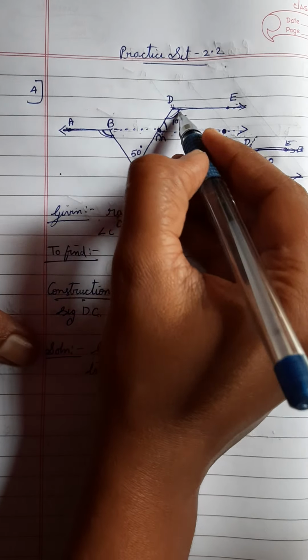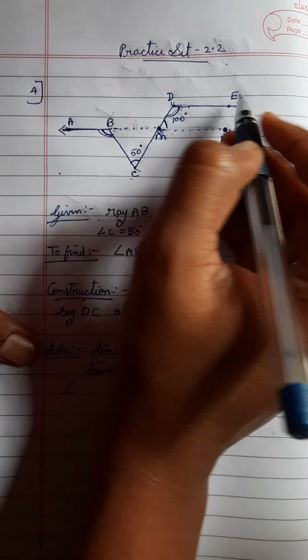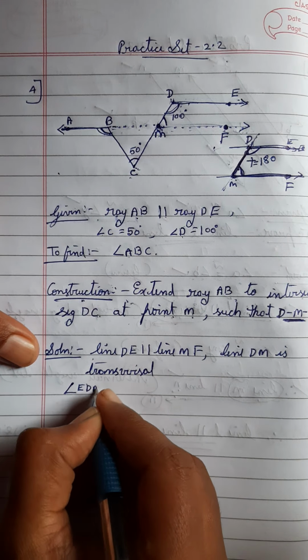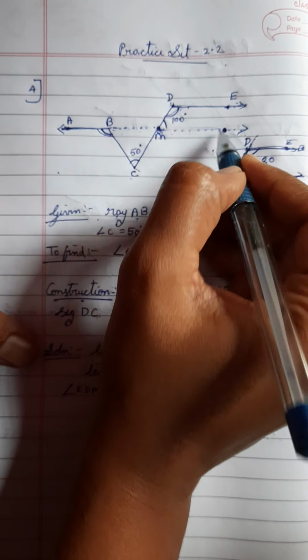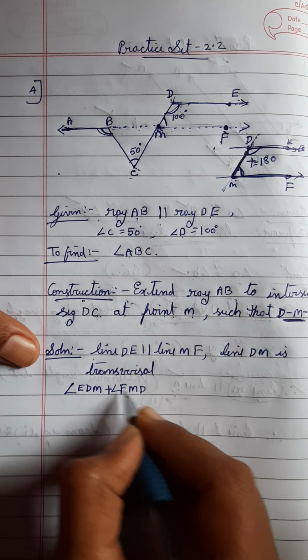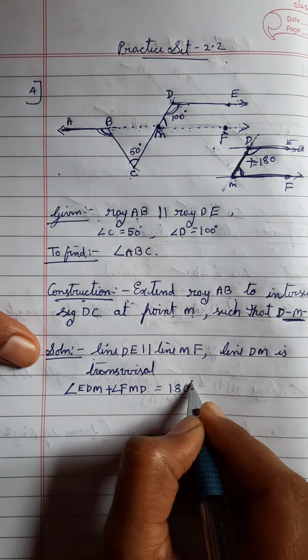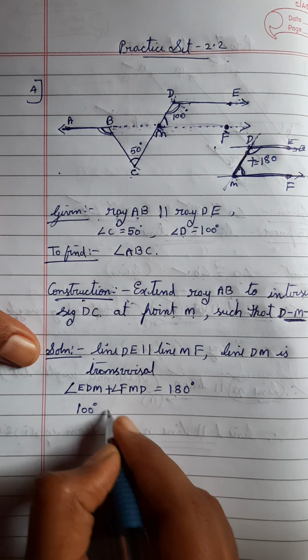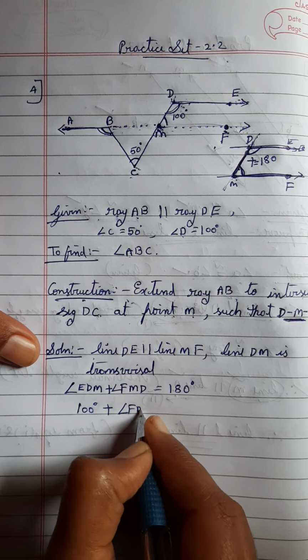If it is so, the interior angles, that is angle EDM plus angle FMD, is equal to 180 degrees. Now EDM is 100 degrees, this measure is given, FMD is not given.